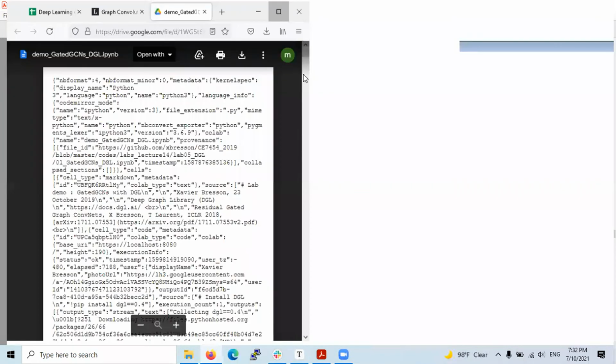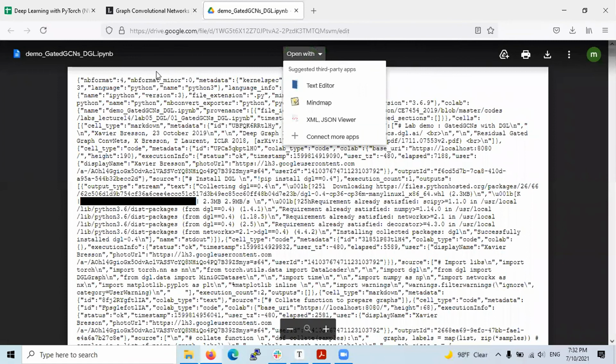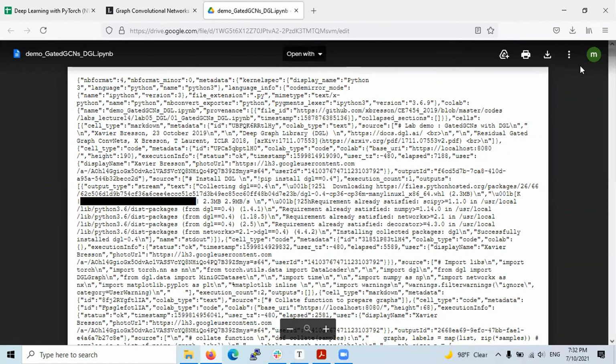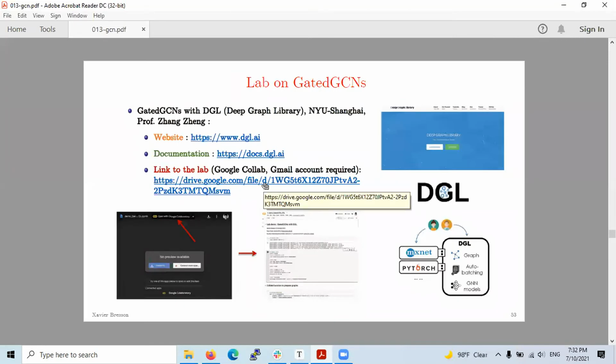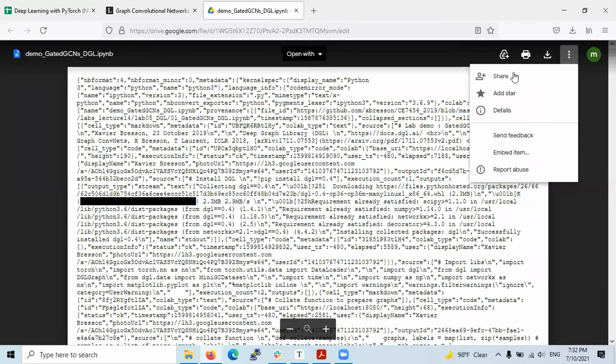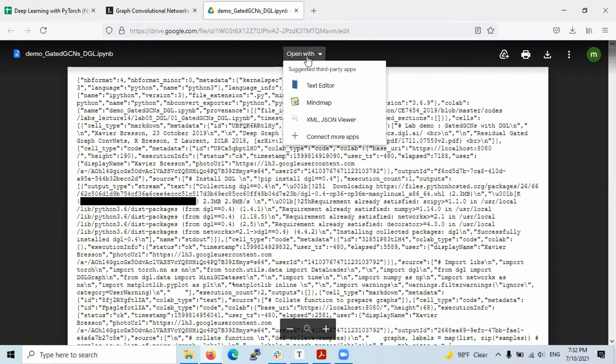Something's gone. You have to open it in Colab. This is opening with Notepad or something. Yeah, exactly. Okay. I need to save it.